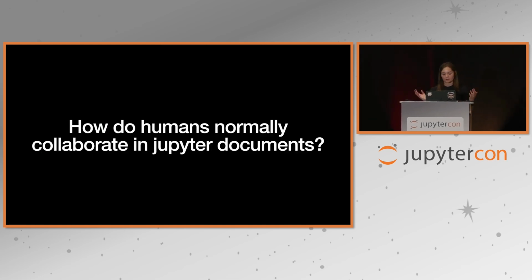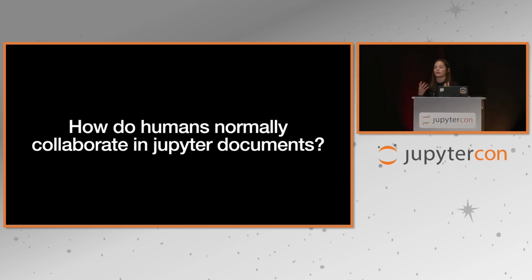One of the ways that we tried to do that was by asking ourselves, how do humans normally collaborate in Jupyter documents? What are we familiar with? There's a couple things. First, we collaborate in the notebook, right? Obviously, that's where the demo was. We also work simultaneously. There's real-time collaboration happening. And then what I found most interesting in all of this was that the notebook itself becomes the medium of dialogue.